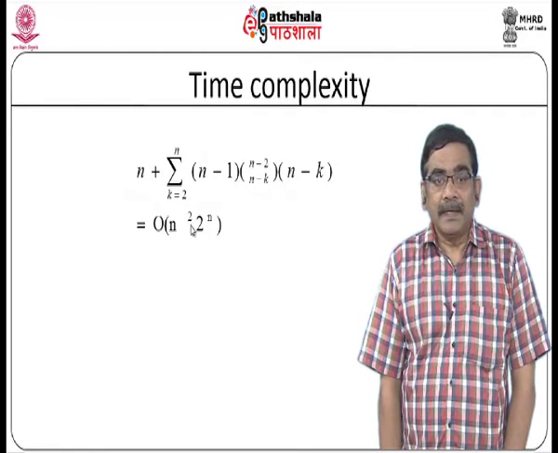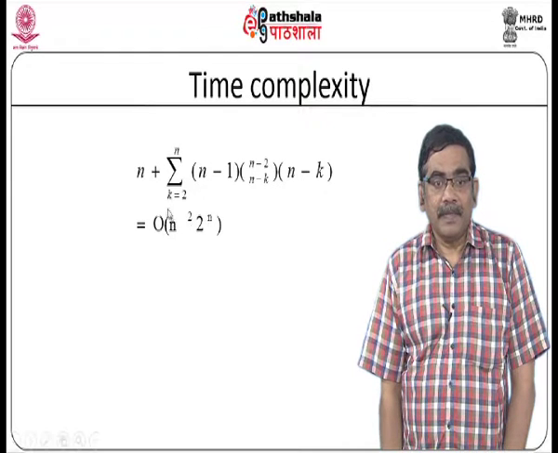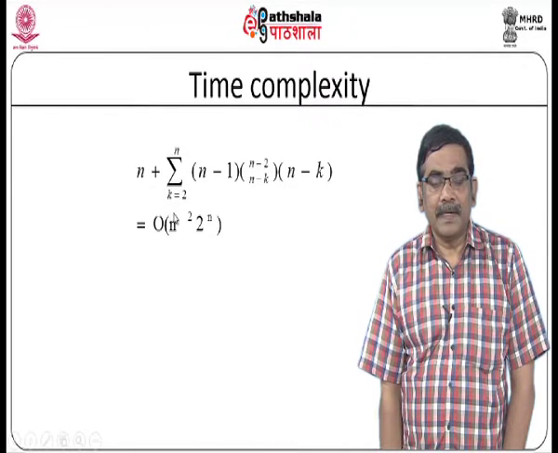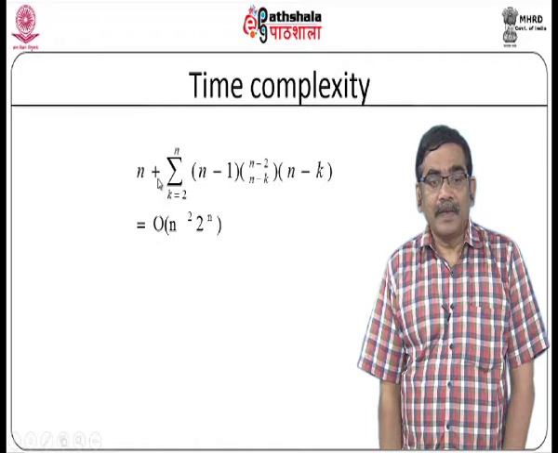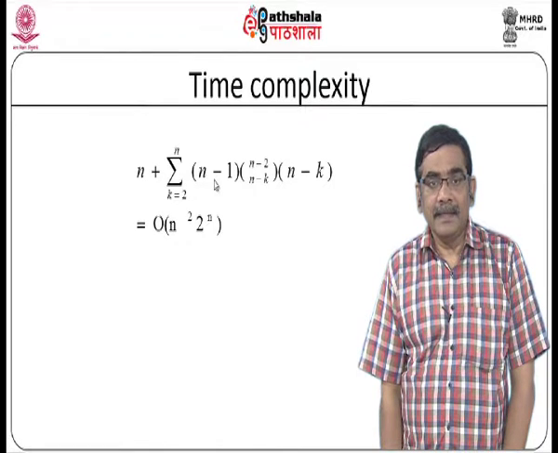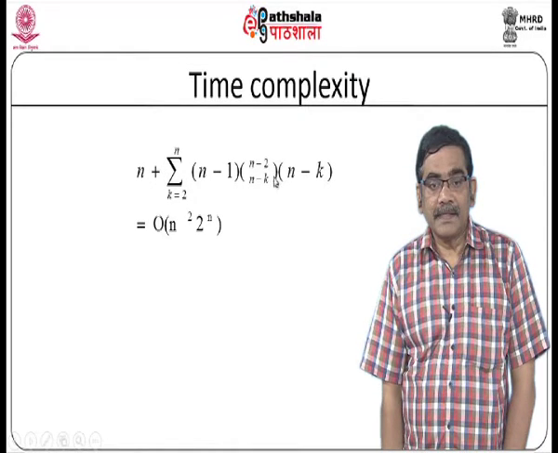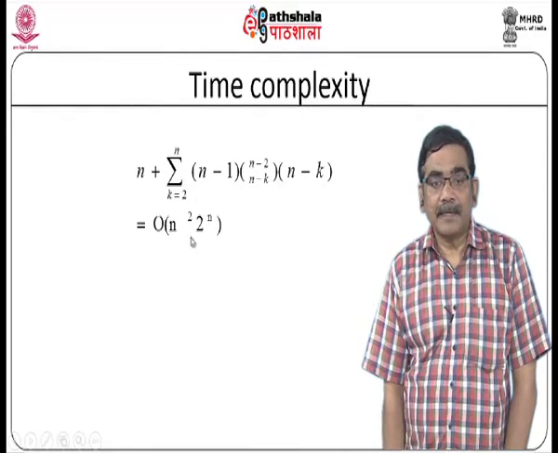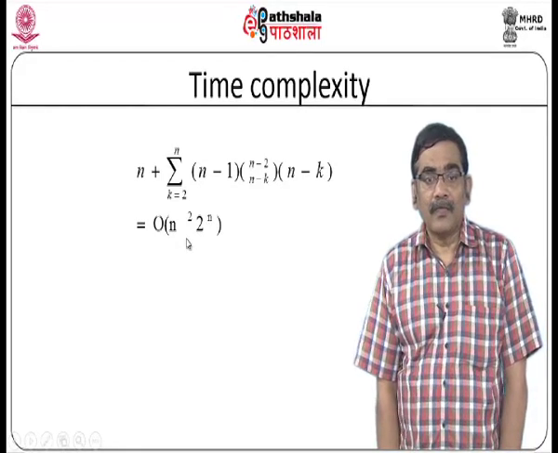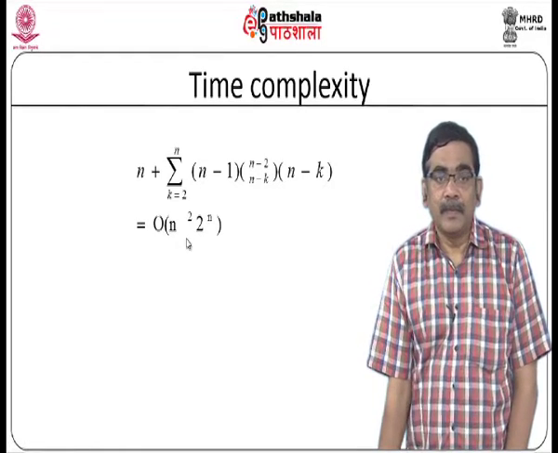What is the complexity of this algorithm? The complexity of this algorithm is that from every city we have to visit every other city. So, that means you can see that the complexity of this turns out to be something like order of n square 2 power n.